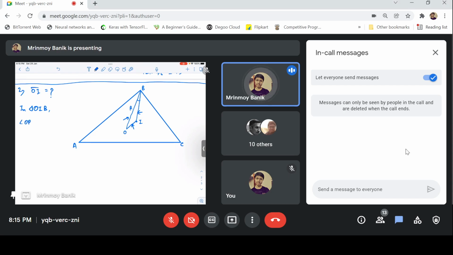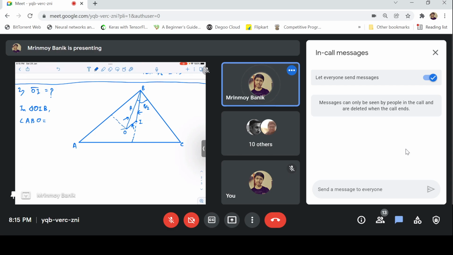So angle OBI: BI is already the angle bisector. So this is B by 2 and this is B by 2. So now first, what's the angle ABO?